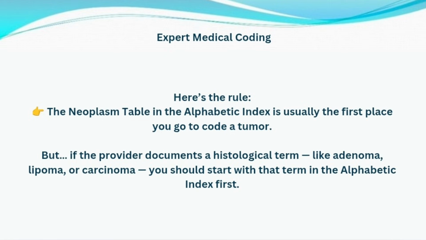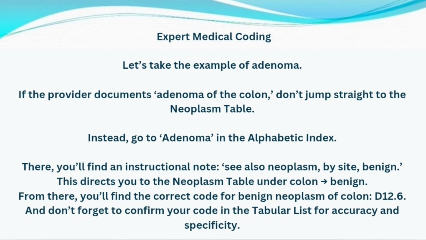The neoplasm table in your alphabetical index is usually the first place you go to code a tumor. But if the provider documents a histological term like adenoma, lipoma or carcinoma, you should start with that term in the alphabetical index first. Let's take the example of adenoma. If the provider documents adenoma of the colon, don't jump straight to the neoplasm table.